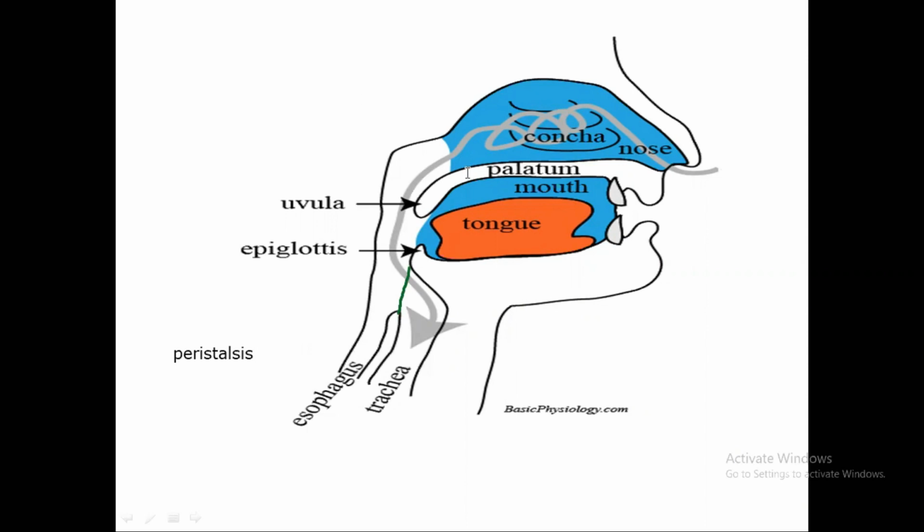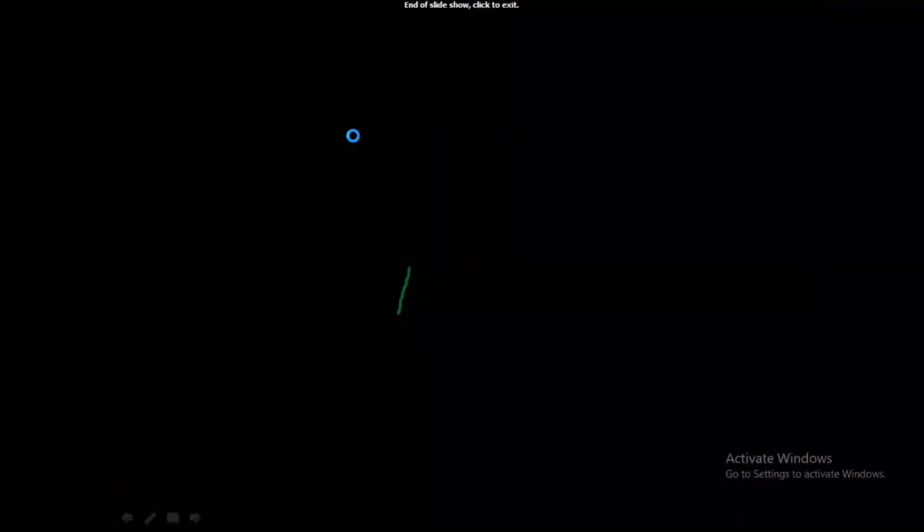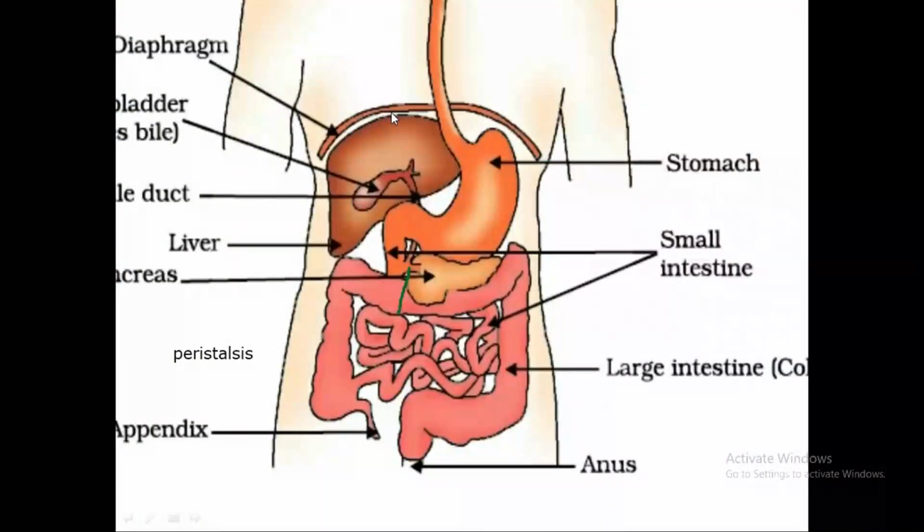Then see, the diagram shows various parts of the digestive system. Once again you can see the diagram. Listen here. It is a continuation of the esophagus. Its upper portion is actually the esophagus.